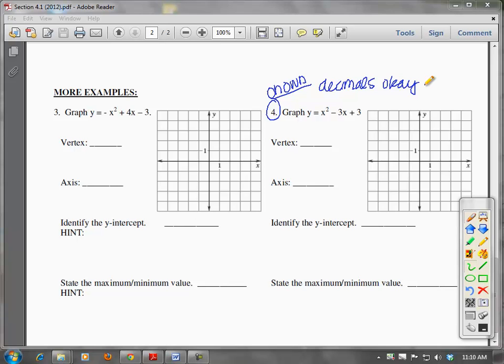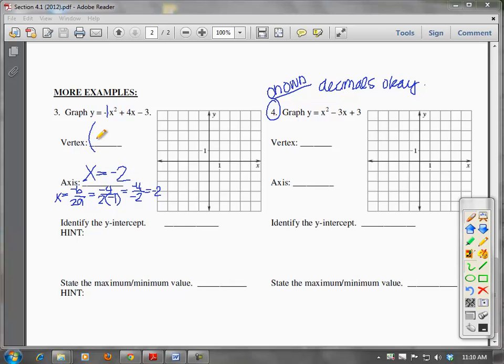But let's go through number 3 together. As we look at this, I'm going to start always with my axis of symmetry. And in order to find that, I again take the opposite of b over 2a. Well, b is 4, so the opposite would be -4 over 2 times a is -1, so times -1. I get -4 over -2, which is -2. So my axis of symmetry is x equals -2.